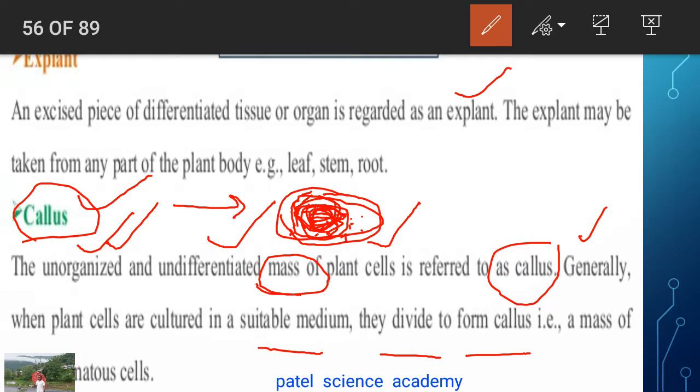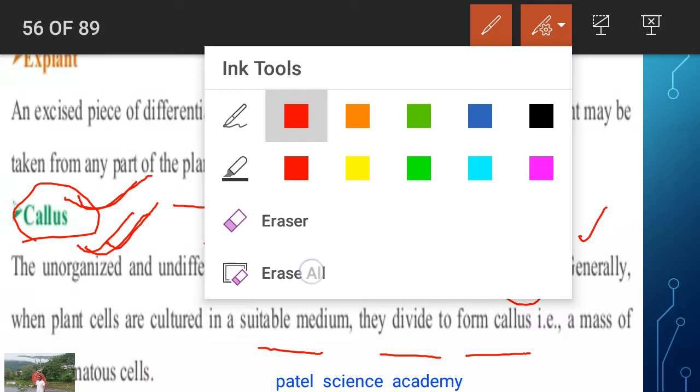So in short, when explants divide and redivide and become a group or mass of cells, it is called callus, but it is unorganized, there is no organ formation till then. So it is an unorganized and undifferentiated mass. So this is about these two terms.